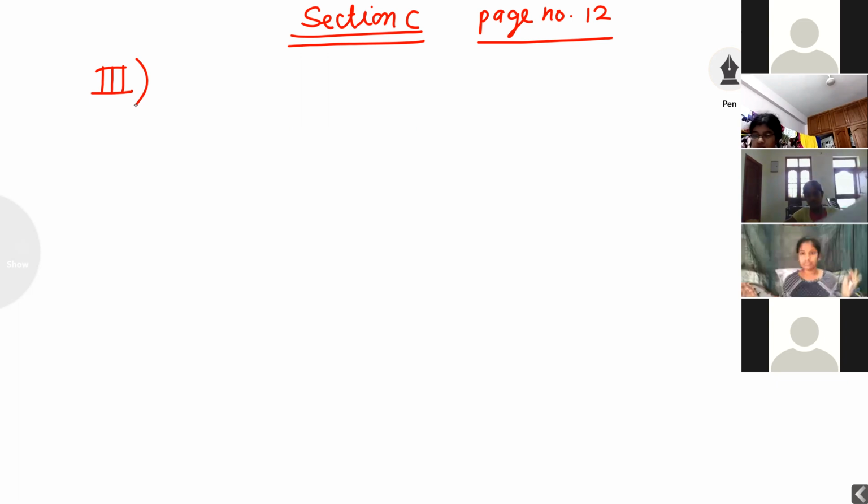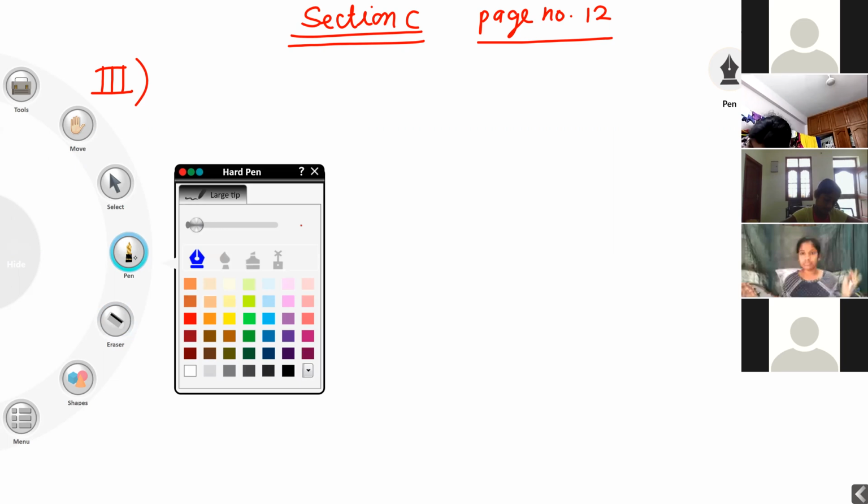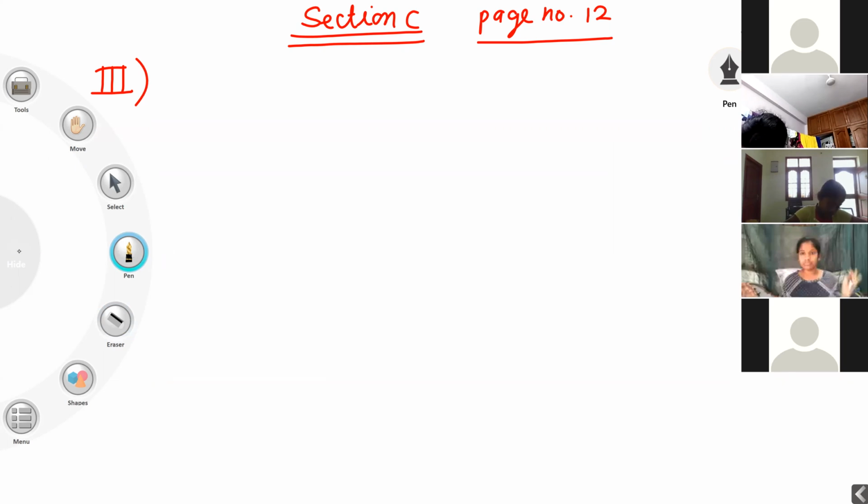First across, he has asked first question. The cube of a number is the number raised to the power of 3. First answer, note down, 3.